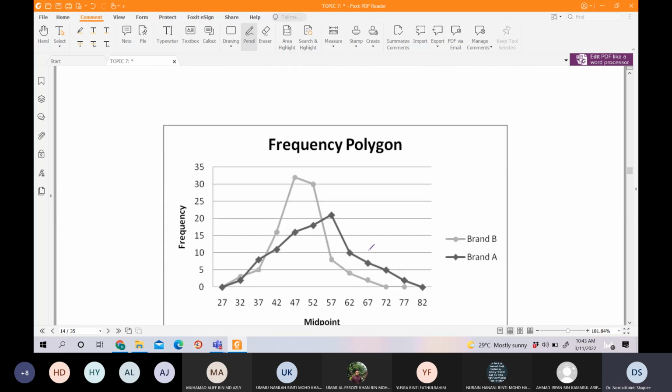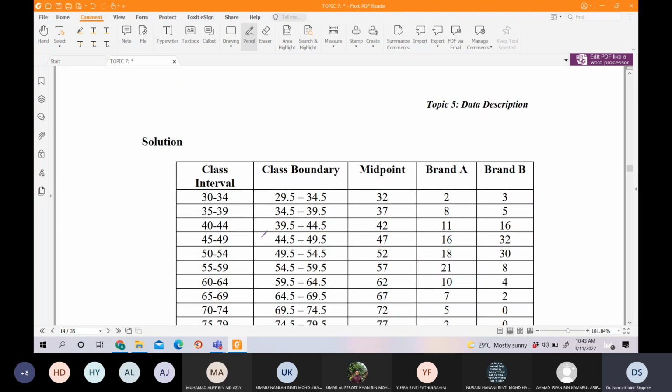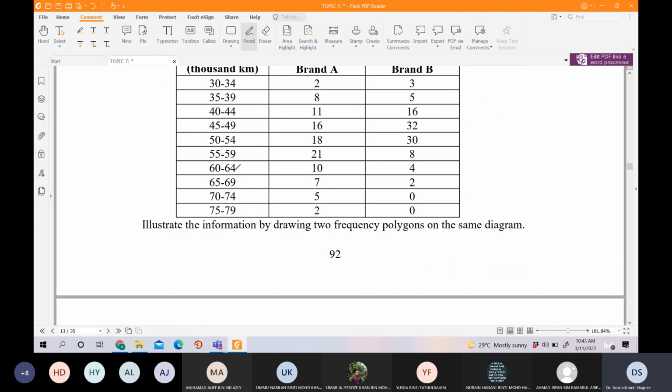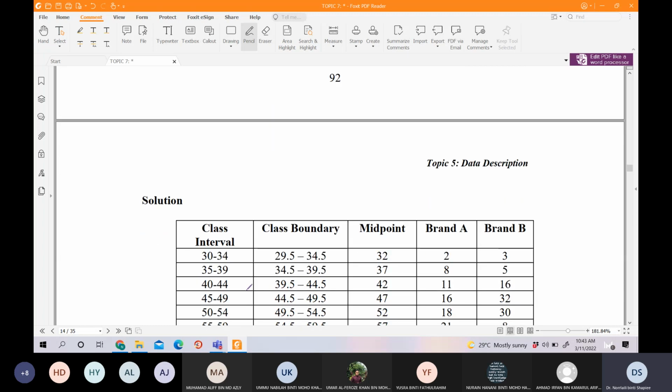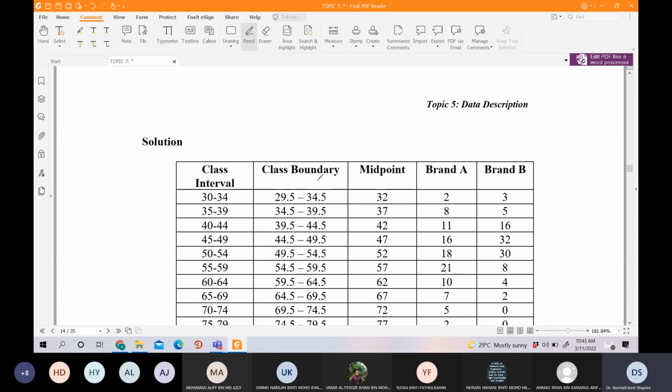Okay, how to find the frequency polygon? First of all, this is considered the class interval. From here, we need to find the class boundary. Why do we have to find the class boundary? Ryan Haziq, why do you have to find the class boundary? Is it compulsory to find the class boundary?